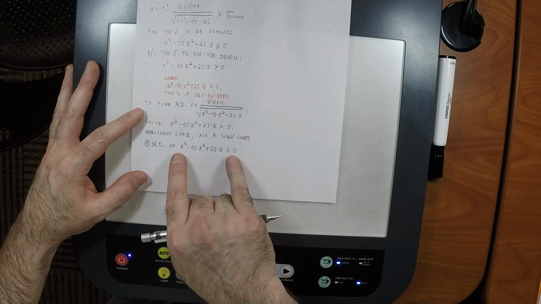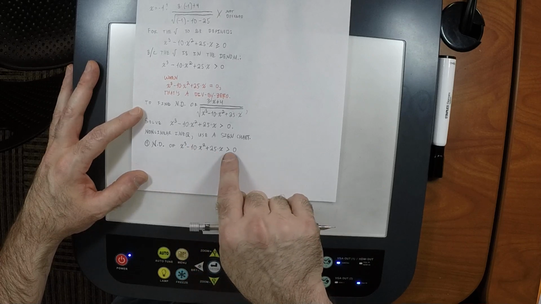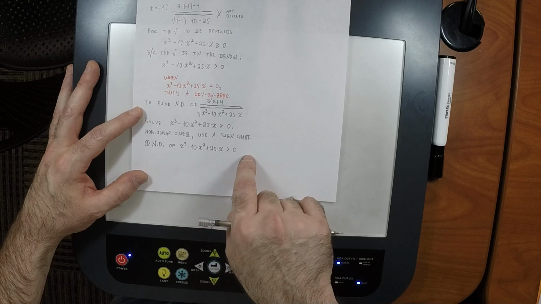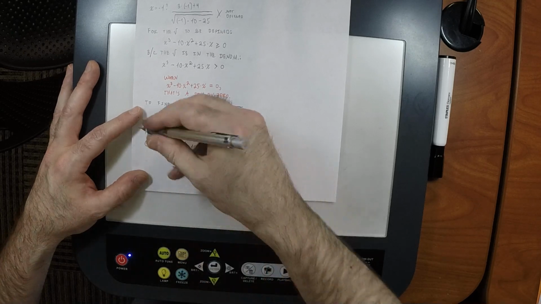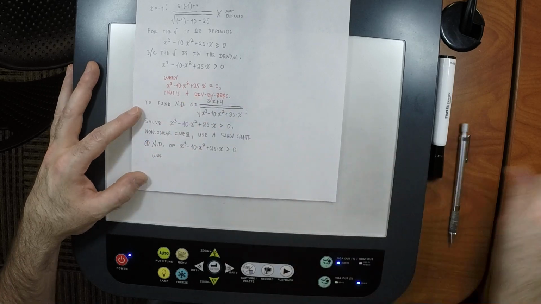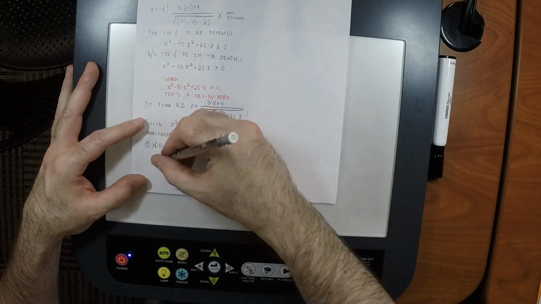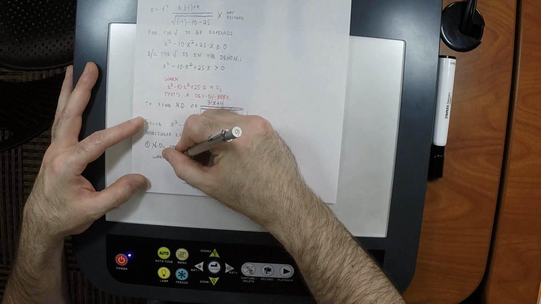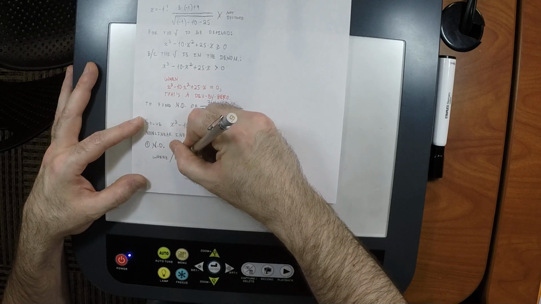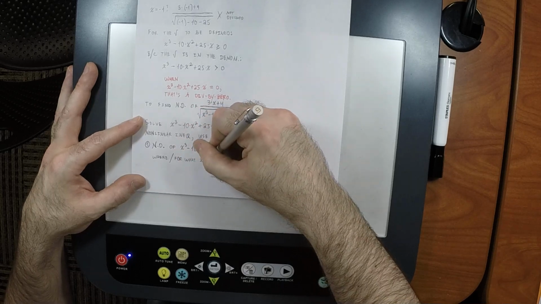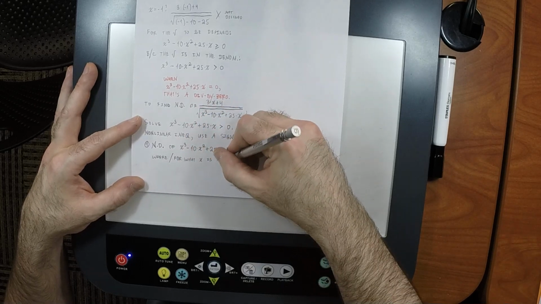So where, for what x, is the inequality defined?